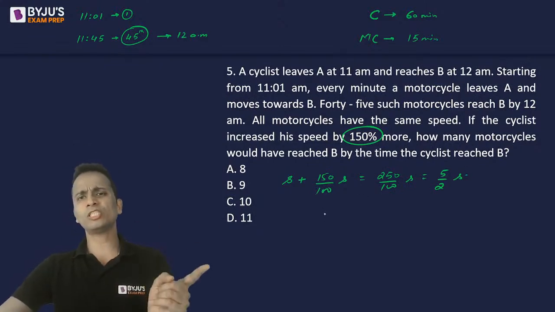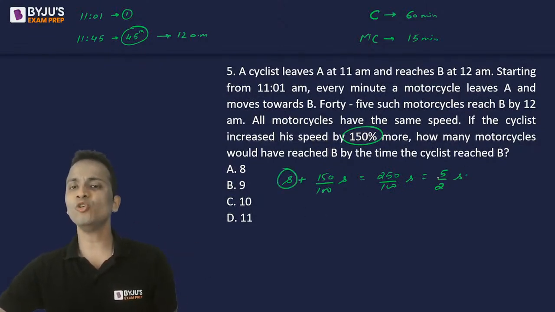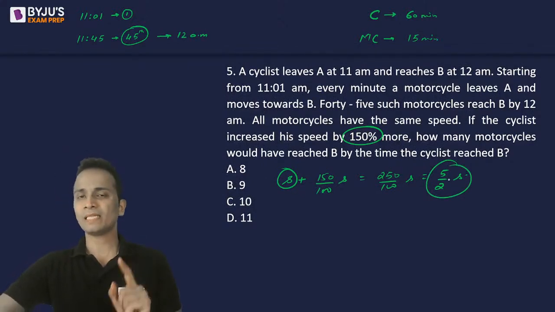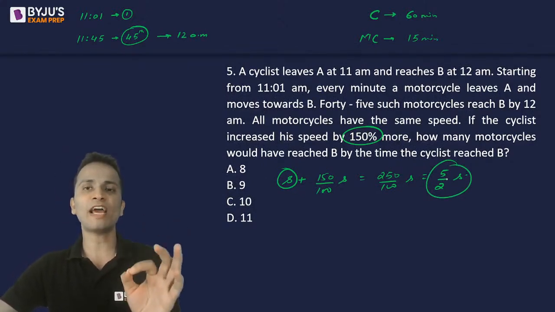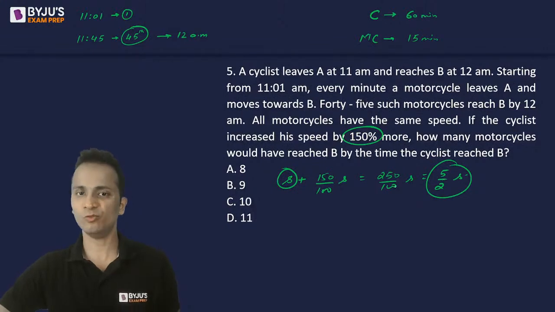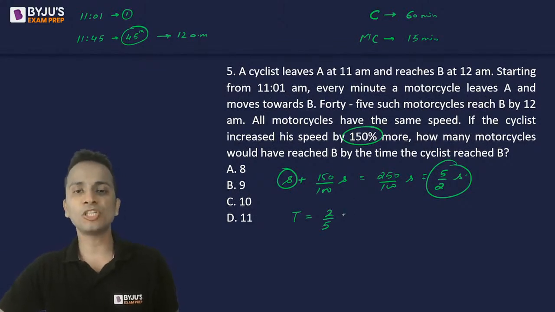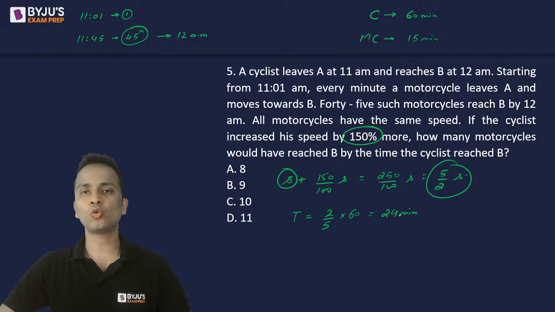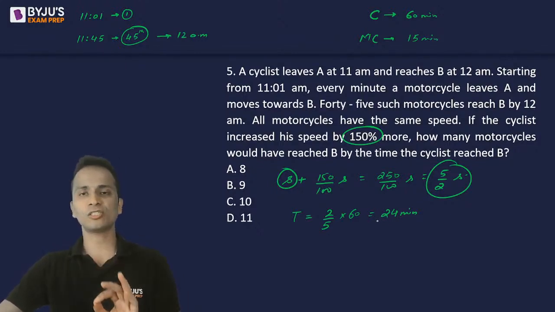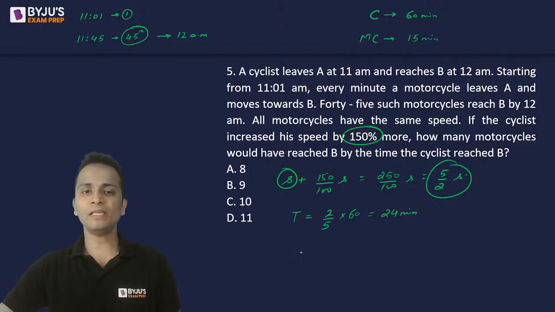So now the original speed was S and the new speed is 5 by 2 S. That means the speed has become 5 by 2 of its original value. So the time taken by the cyclist will become 2 by 5 of the original time taken by him. The original time taken by him was 16 minutes. Okay. So now the time taken by the cyclist will be 24 minutes.